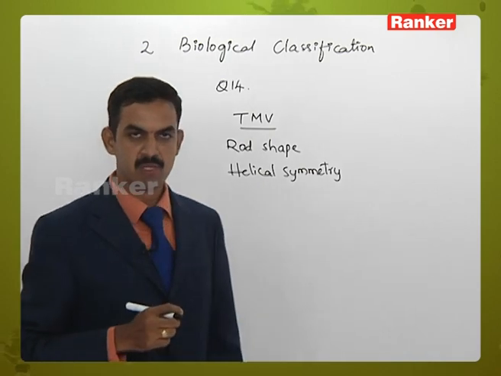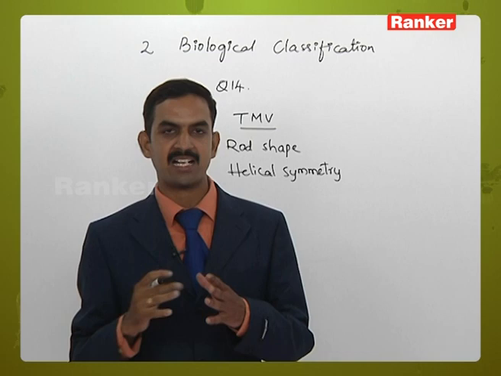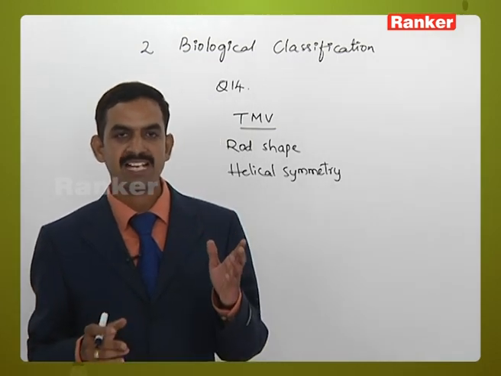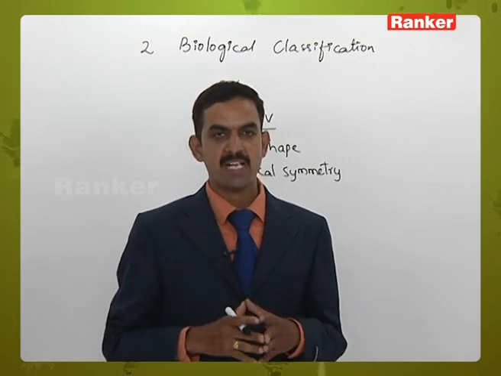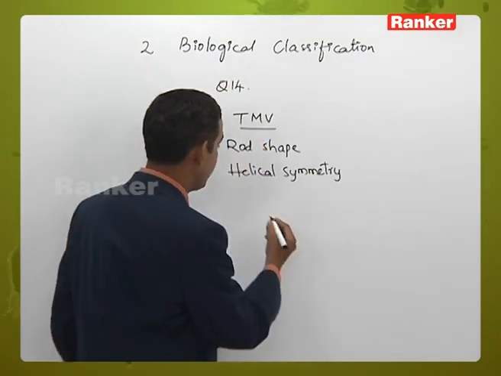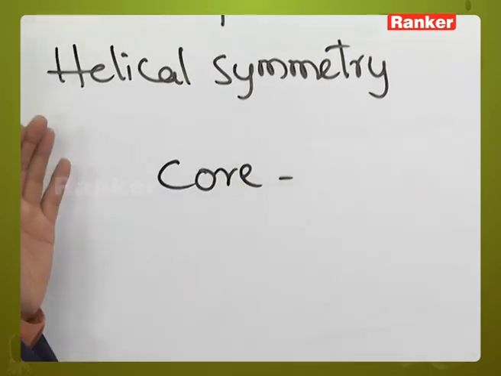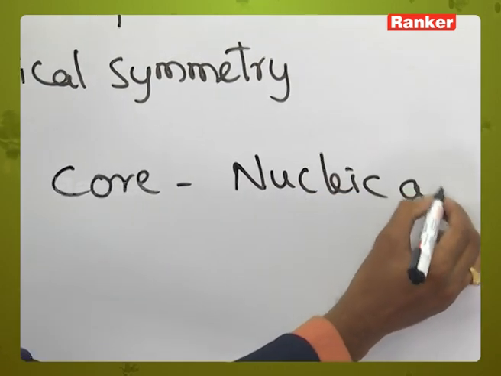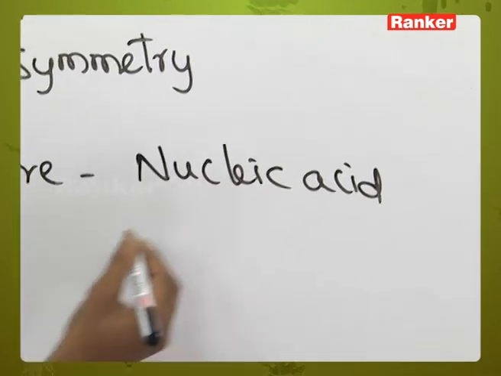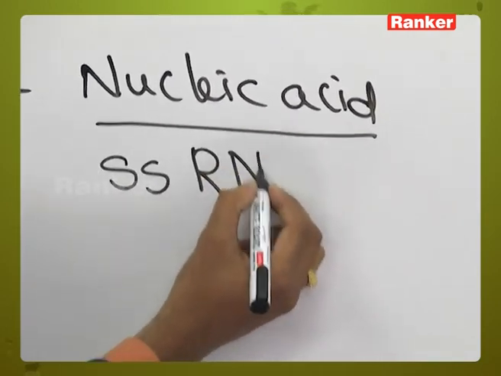Rod shape and helical symmetry, and every virus like TMV will contain nucleic acid as genetic material and the protein part called capsid. Here the core part or the center part of this TMV is made up of nucleic acid, and this nucleic acid is a single stranded RNA.